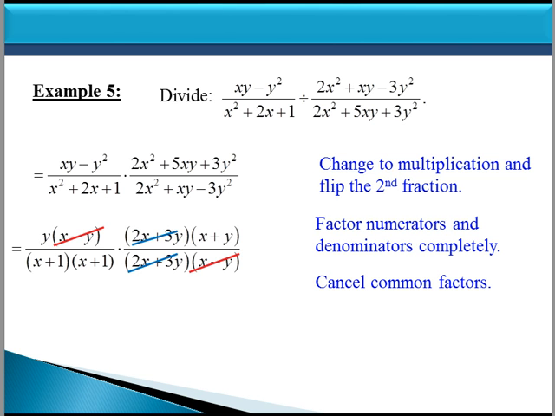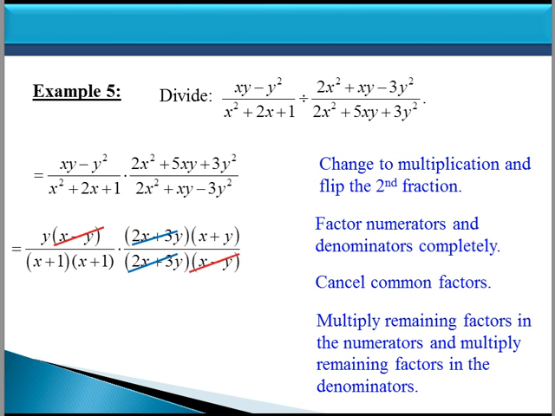None of those are in common, so we can't cancel anything else. So we're ready to do the multiplication. We multiply what's left on the top and get y times x plus y. In the bottom we have x plus 1 times x plus 1, and to write that in simplified form, since they're identical factors, we rewrite that as x plus 1 squared. And that is our final answer.